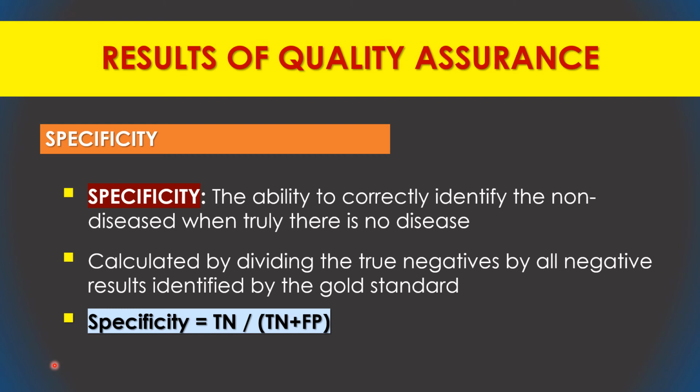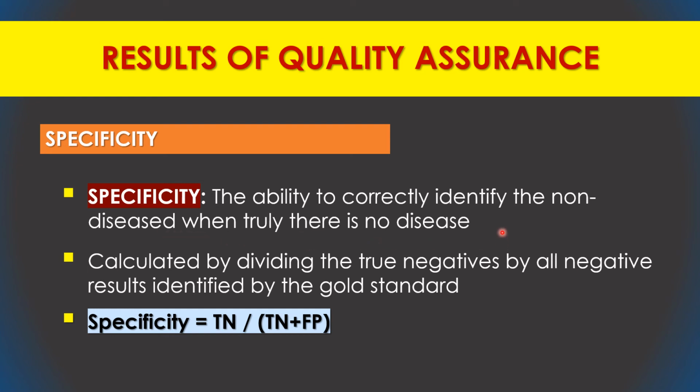But when it comes to the new test, my new test said that out of, for example, the 500 cases that are negative, my test diagnosed negative, for example, 499, meaning that my test is very specific to detecting the negative cases. So specificity is what? The ability to correctly identify the non-disease, meaning the negative, when there's truly no disease.